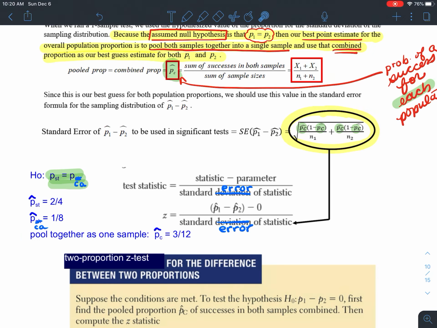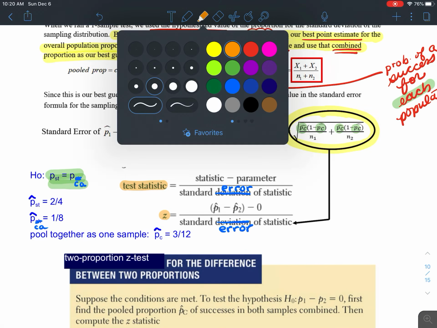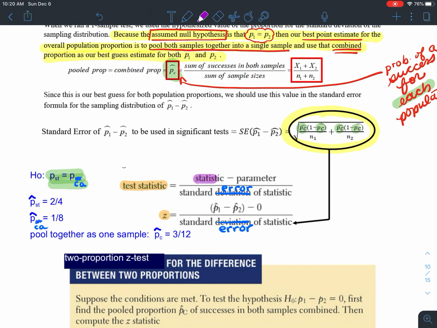And the reason it's okay that I do that is because the null hypothesis is assuming that those two proportions are equal to each other, at least amongst the populations, even though it didn't come out that way in the samples. Now you can see this is filled in a little more clearly. Our test statistic is the z-score.